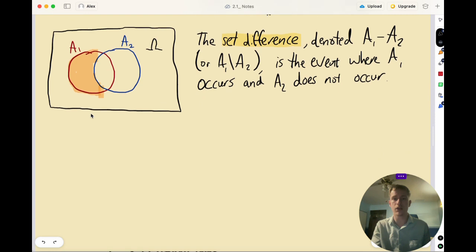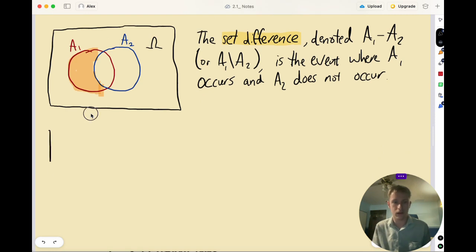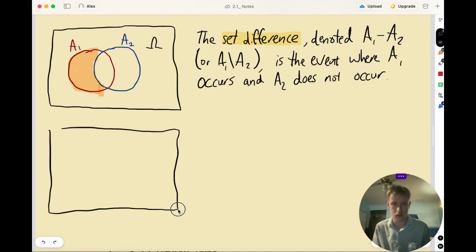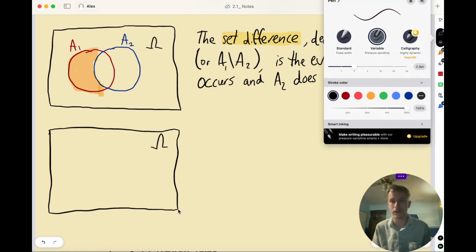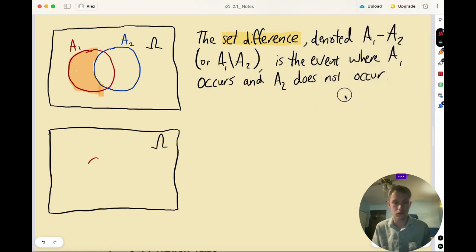And the last one that I want to talk about is the complement. So we still have our sample space omega, and this time we'll just do a single event. We'll just call that A1. And then we have the complement.